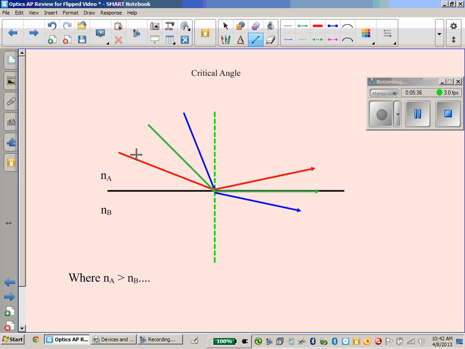Red represents beyond the critical angle, where you actually get what we call internal reflection. In that case, the angle of incidence for the red is equal to the angle of reflection for the red. And then you'll have a special case where the light ray comes in along the critical angle and goes out along the boundary. You may recall, if that's the case, you're going to get an error message. Your calculator will give an error because you're trying to take the inverse sine of something that's outside of the 90 degrees. So give that a try and try the problems for tomorrow.